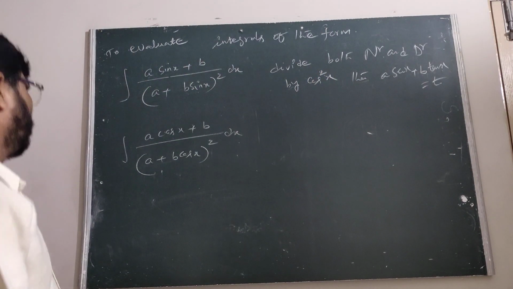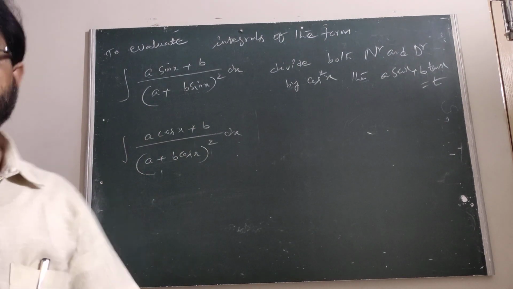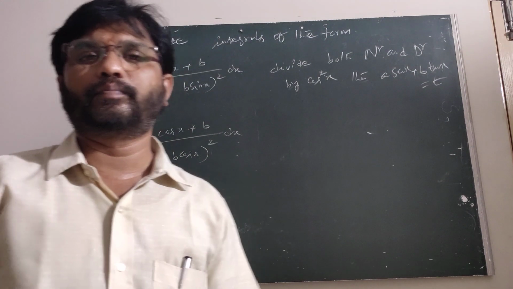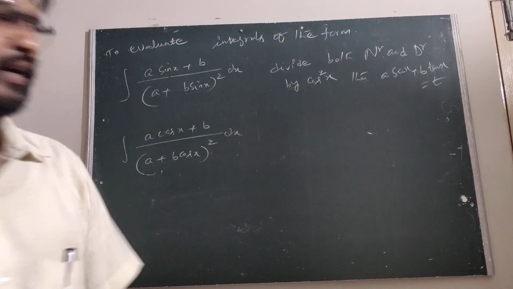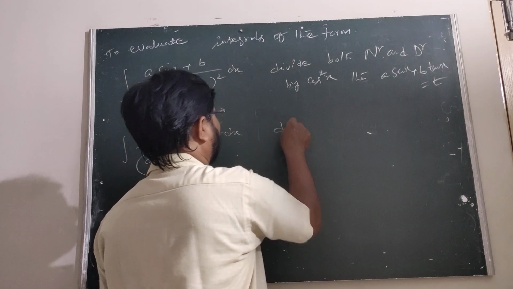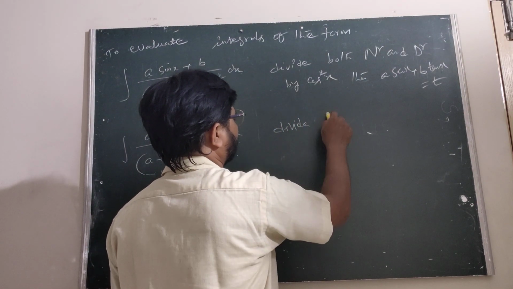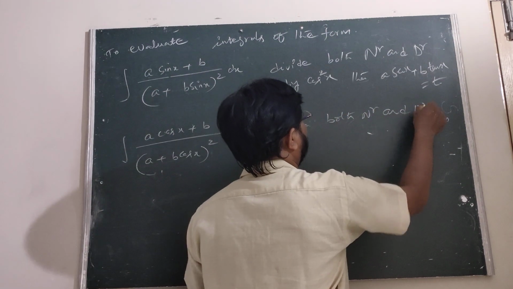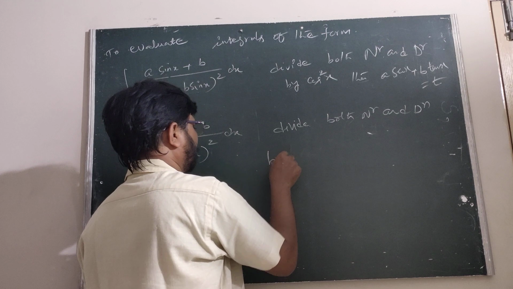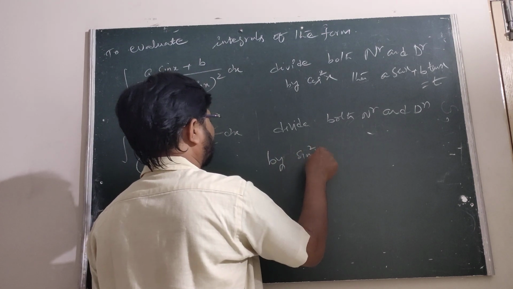Similarly, when it is (a cos x plus b) upon (a plus b cos x) whole square, we have to divide both numerator and denominator by sin square x.